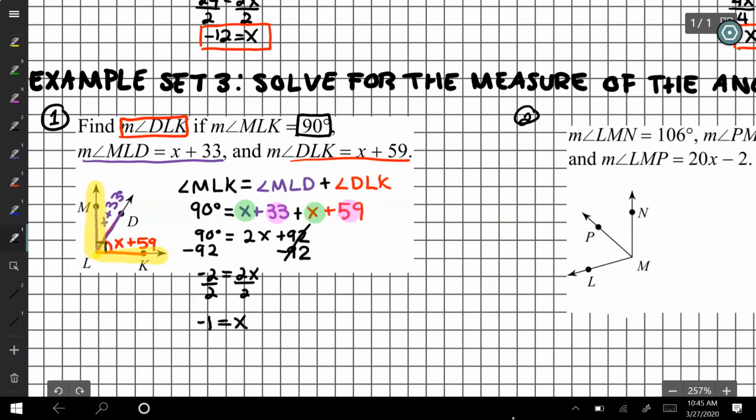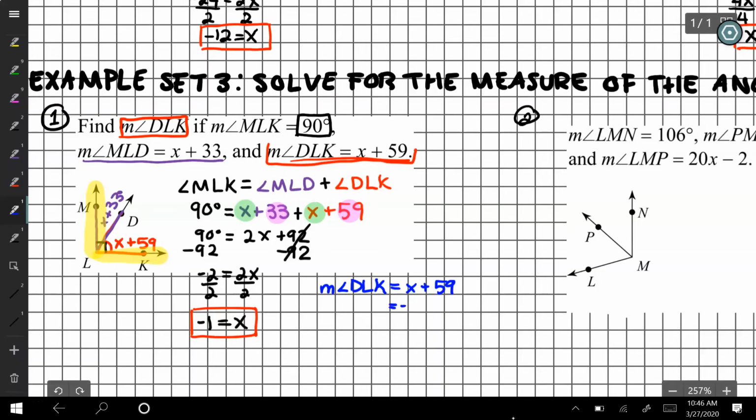We are not done yet, alright, because we want the measure of angle DLK. Alright, so that means we're going to take our value for x and substitute it into that expression. Alright, so I'm going to do that under here in blue. So measure of angle DLK equals x plus 59. So instead of having that x there, I'm going to write in -1 because I know that that is the value of x.